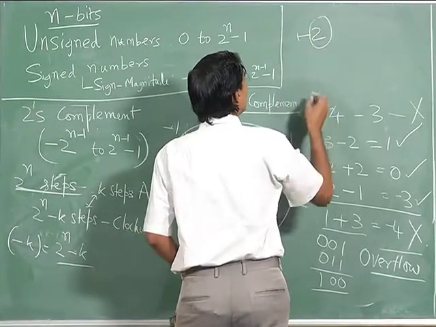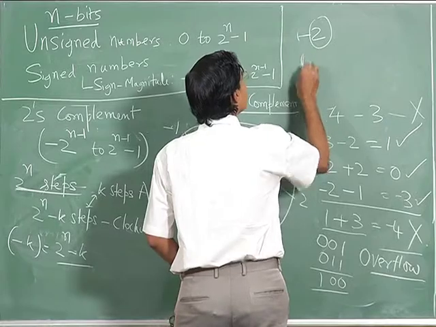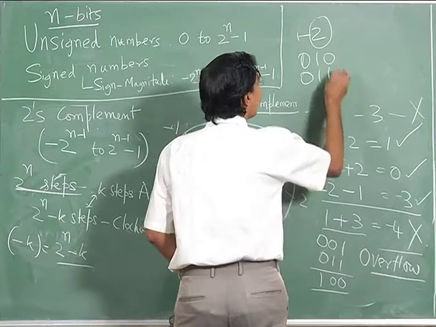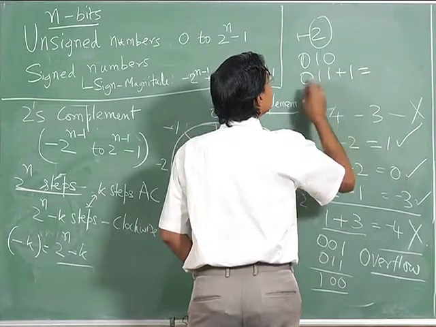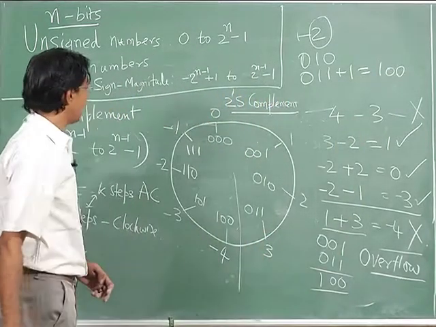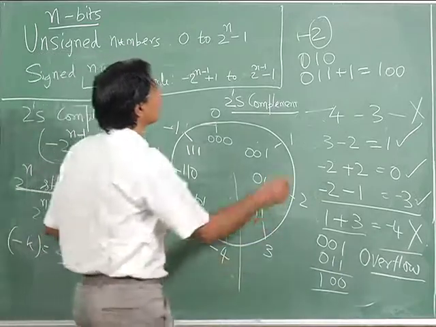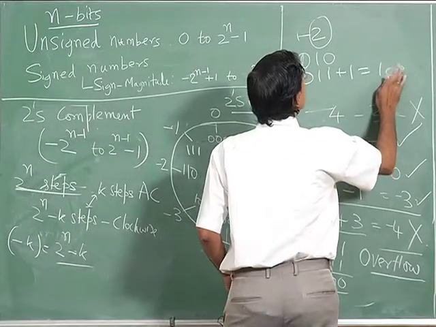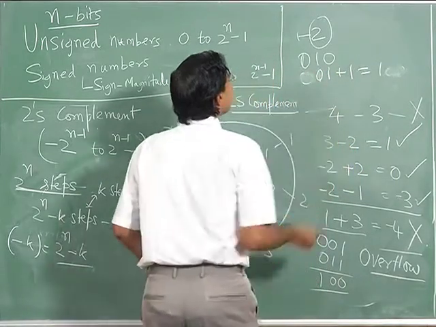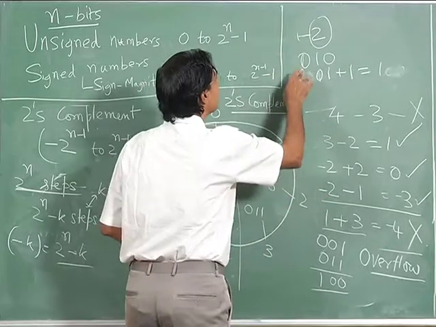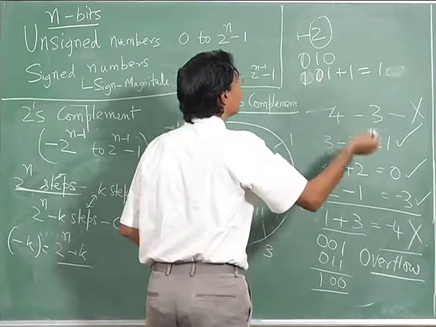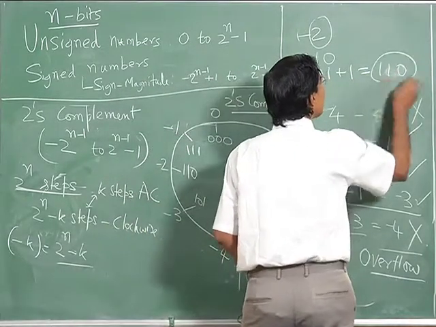You take 2, which is 0 1 0, complement every bit, and I get 1 0 1, add 1 to this, which gives me 1 1 0, which is nothing but minus 2.